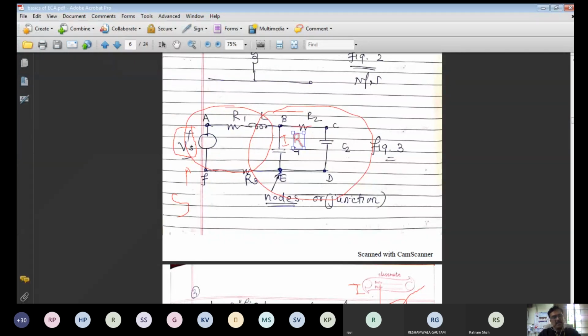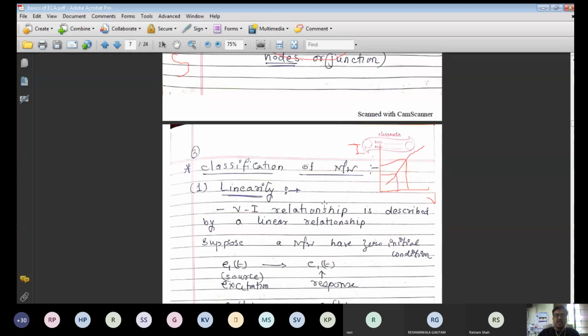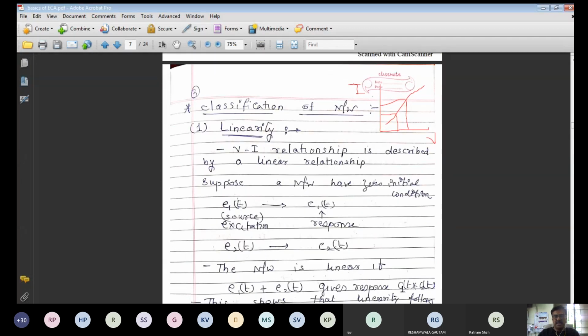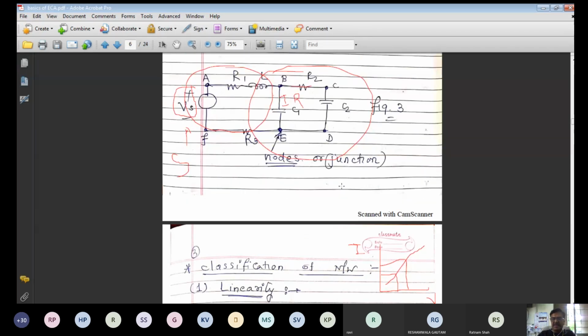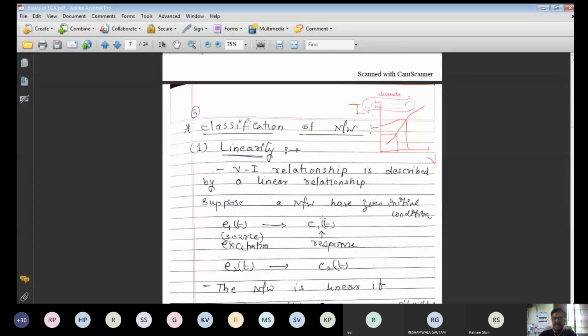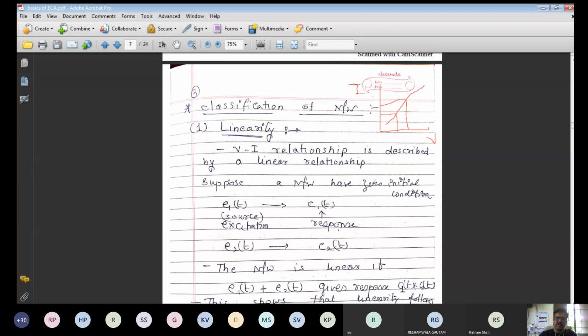Suppose E1 is the source, known as the excitation, and C1 is the response. Instead of I, suppose this is C1, the response. So with the help of this voltage source, we have the response C1.